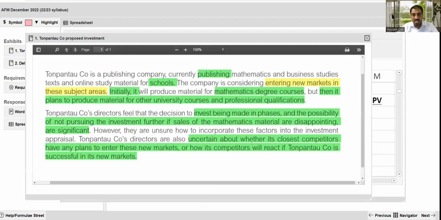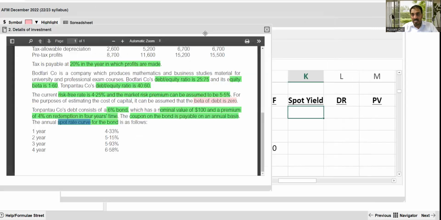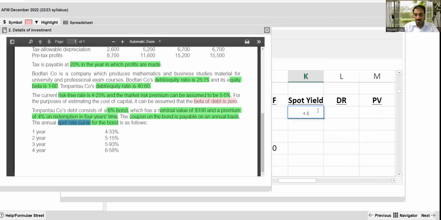Now spot yield: 4.33%, 5.15%, 5.93%, 6.58%.